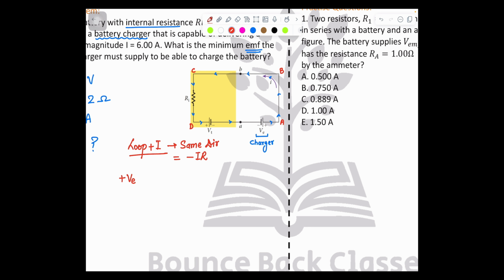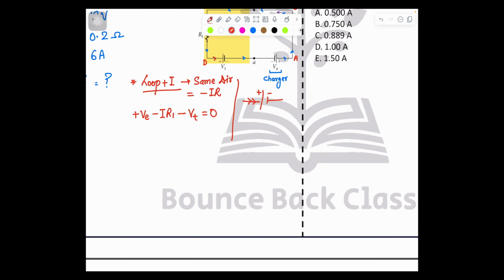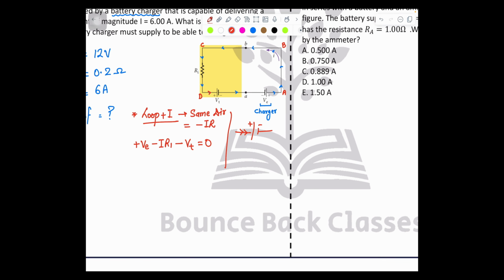So negative IRi, and it is entering, okay, this one. And we know this rule, whenever in the battery the current is moving inside positive, it means negative VT should be equal to 0.